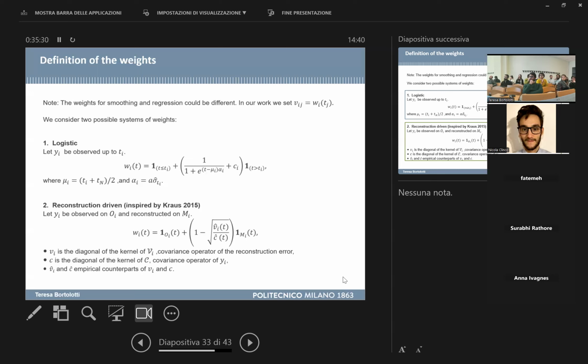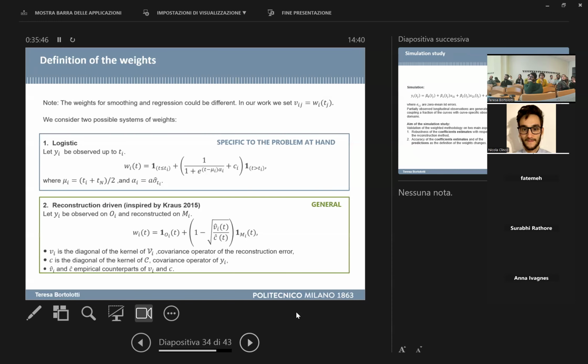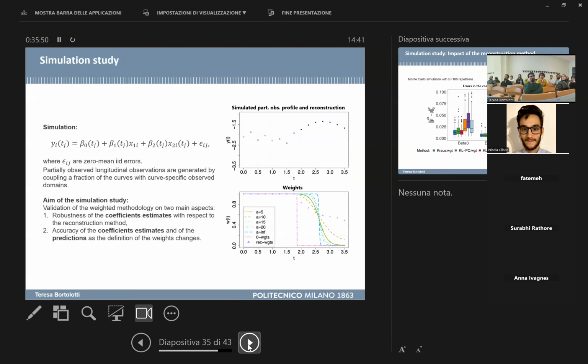So if the reduction is very high, then this value is high and is close to 1, which is the weight that you give to the observed curves. Okay? This is intended to be a more general and more solid way of defining your weights.